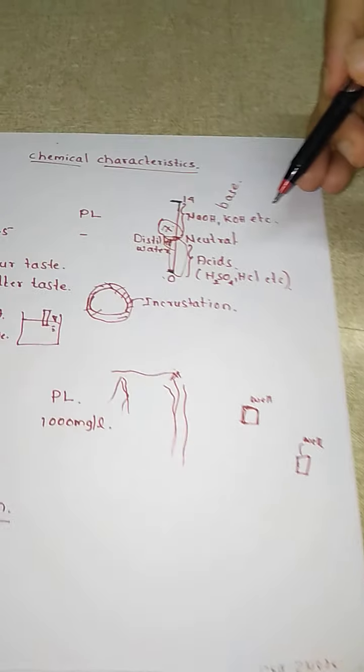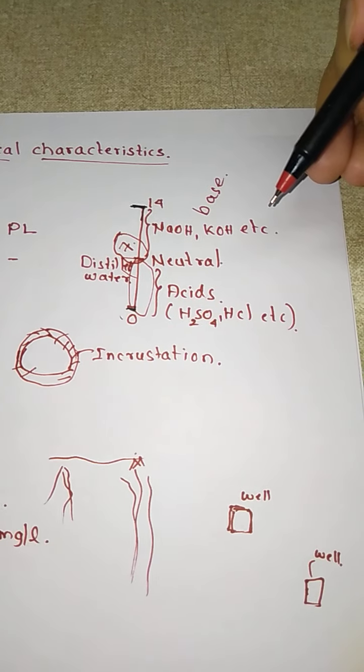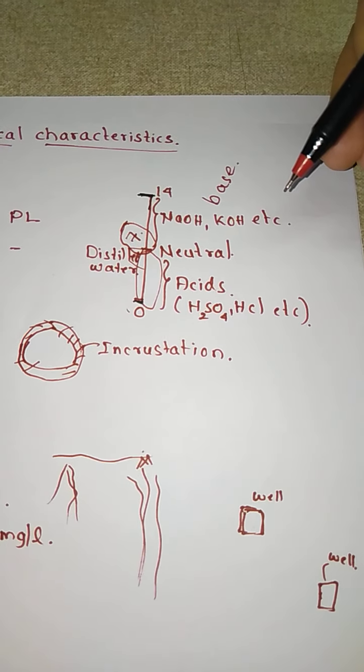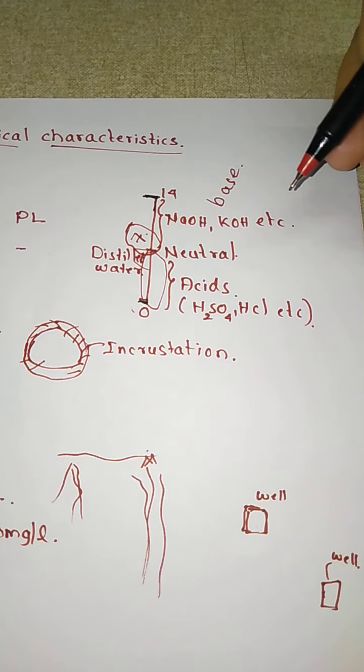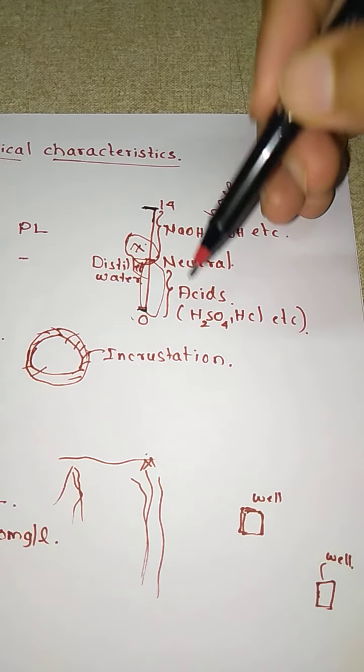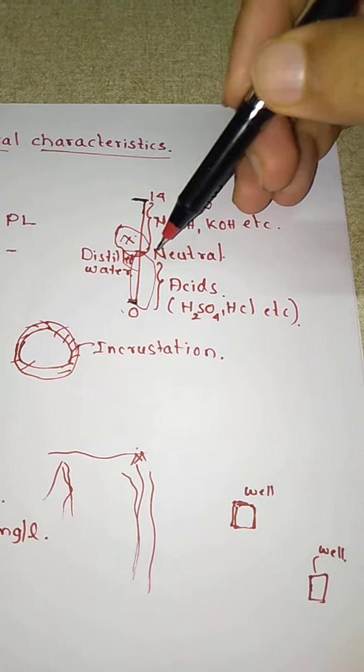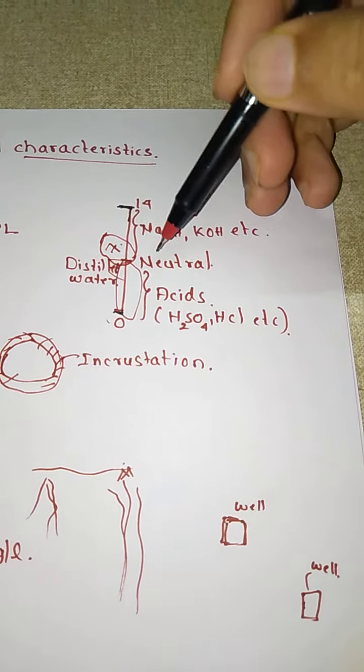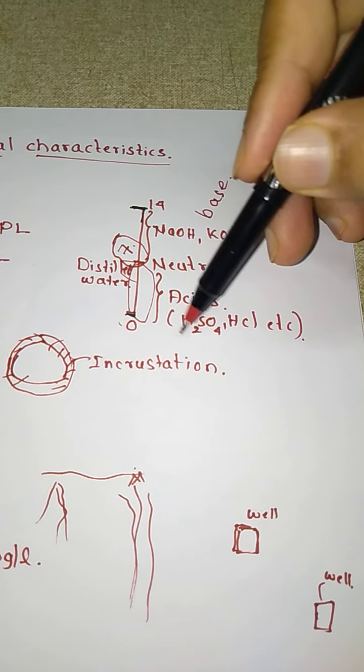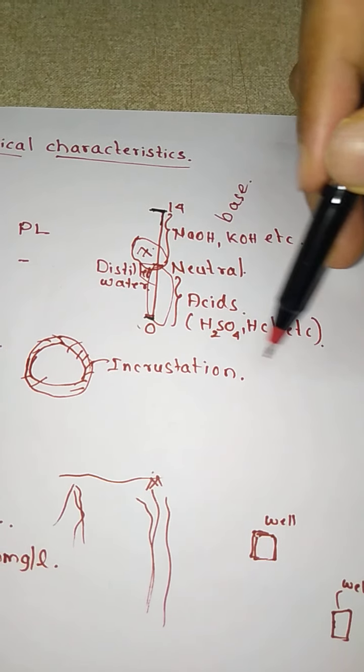Now what happens when pH is less than 7? Hydrogen is predominant. When the pH is between 0 to 7, there will be more dominance of hydrogen ion concentration.